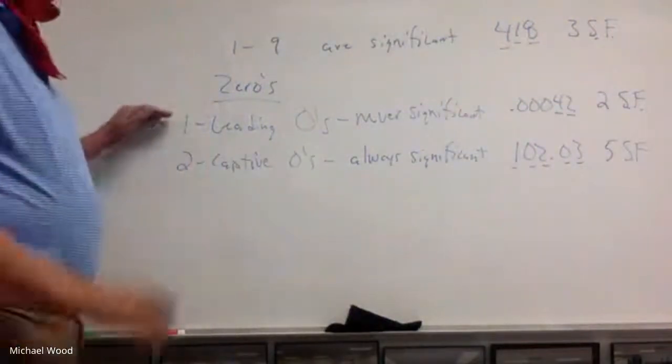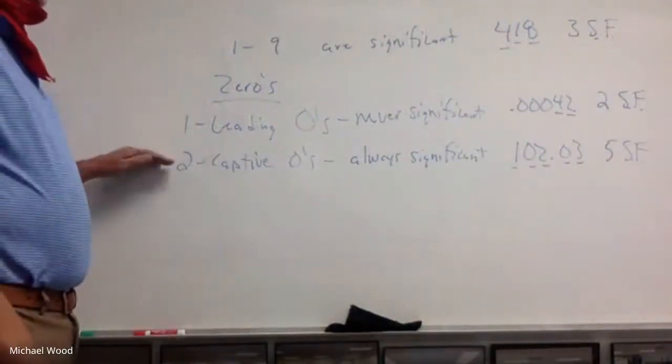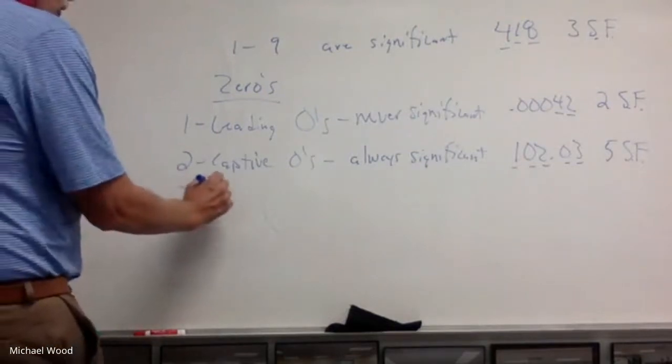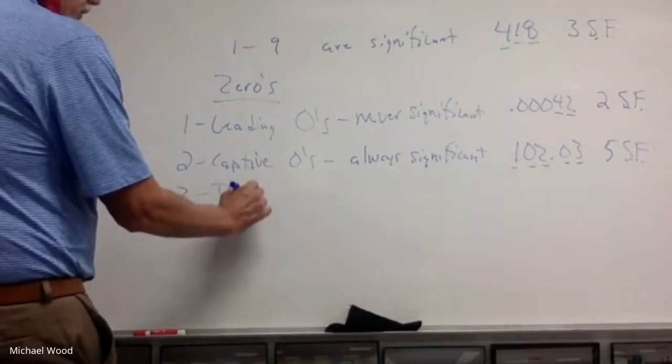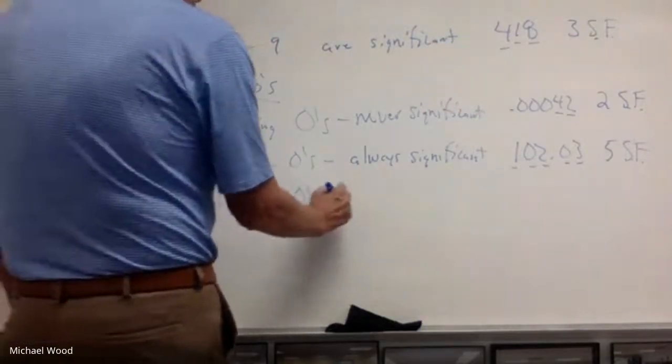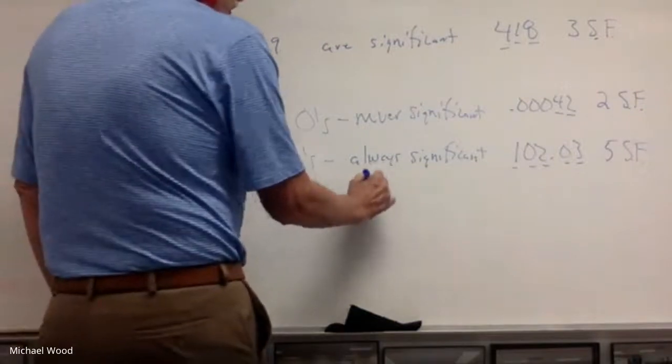Okay, so leading zeros, never significant. Captive zeros, always significant. And then trailing zeros are only significant when there's a decimal place.